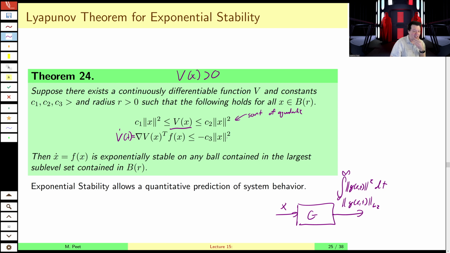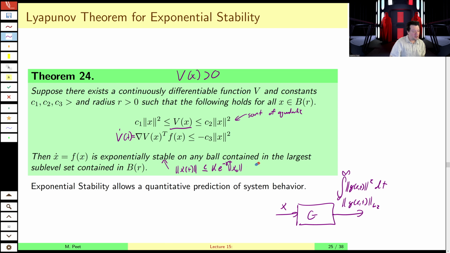These conditions are very similar to the linear case, and they will allow us to prove something very similar, namely exponential stability, which, if you recall, is that x of t squared is less than or equal to k e to the negative gamma t x naught squared. Although actually I think we dropped the squares when we defined exponential stability.